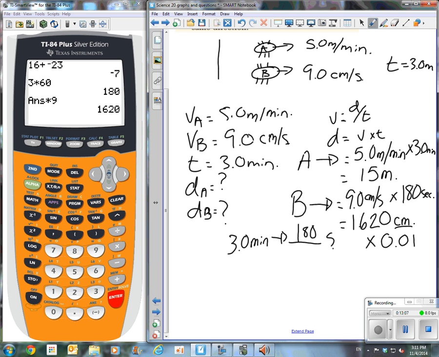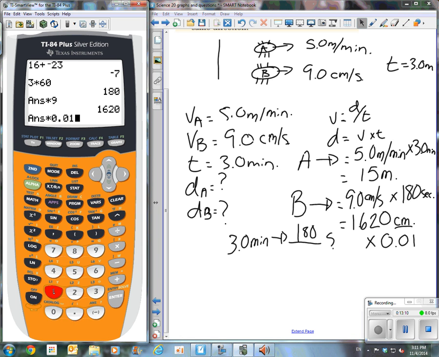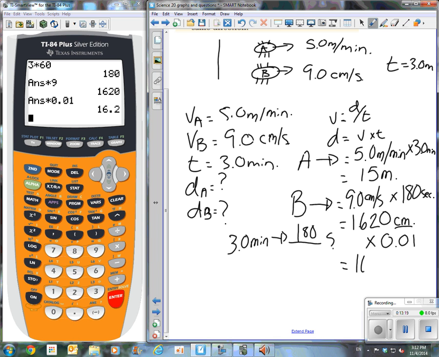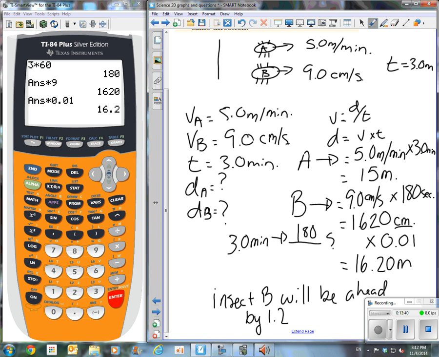So times 0.01, enter, and I get 16.20, not centimeters anymore, meters, which means that insect B will be ahead by 1.2 meters in 3 minutes. Okay? All right.